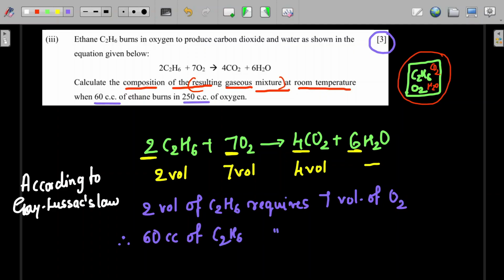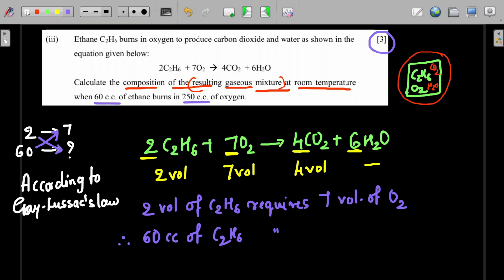Therefore, 60 cc of ethane requires how much? So, how do you know this one? Simple cross multiplication. 2 volume requires 7 volume. 60 cc requires how much? So, always cross multiply and equate them. 60 into 7, you have to cross multiply. You equate it to 2 into what you want to find.